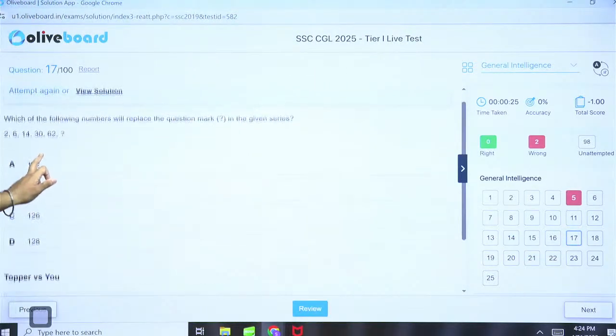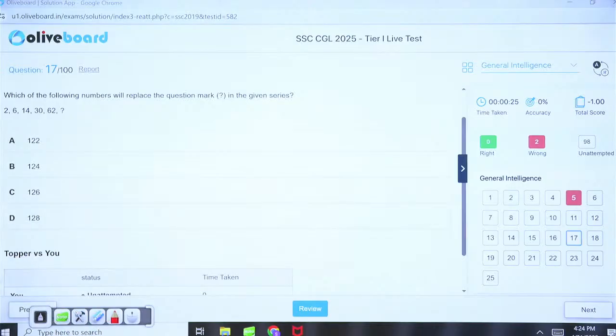17, number series. Now what is happening here?